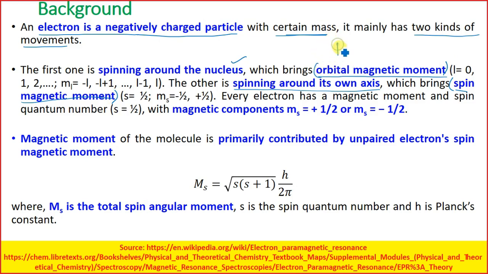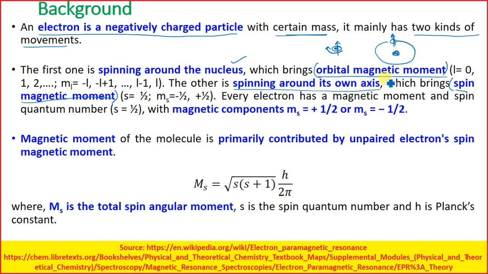One is moving on its axis, so it will generate its own magnetic field. Again, this electron is moving around the nucleus. Suppose this is the nucleus, it is moving around the nucleus, and that would result in another magnetic field.